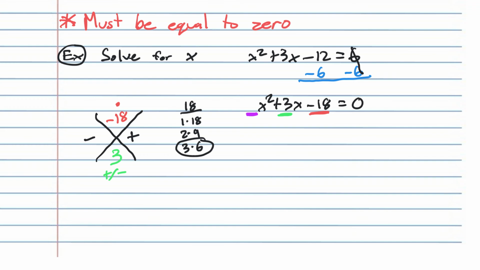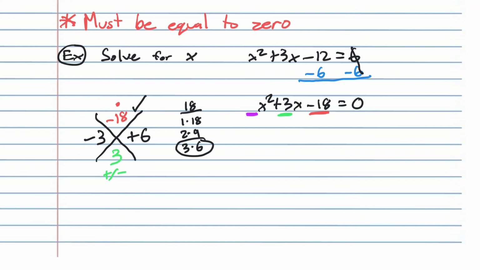Now we need to be careful. Make sure you put the correct one in the correct spot. Because we want a positive 3 at the end, we should give the 6 the positive spot, and the 3 gets the negative spot. Okay, always double check to make sure you did it correctly. Negative 3 times 6 is negative 18, that works.